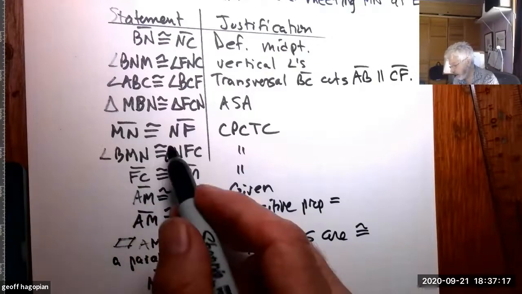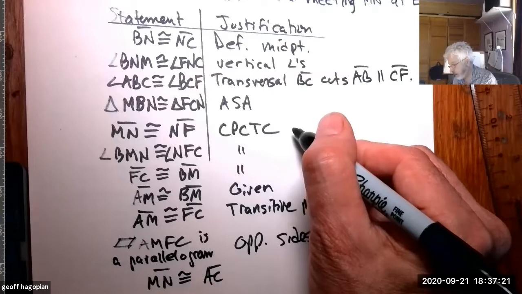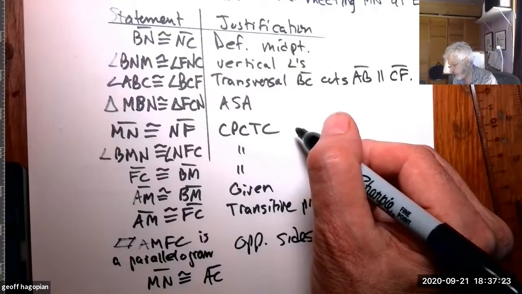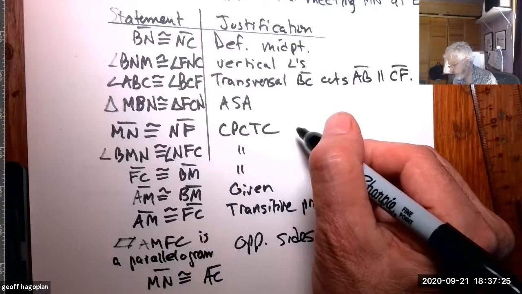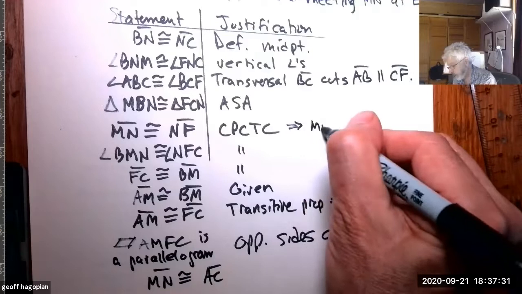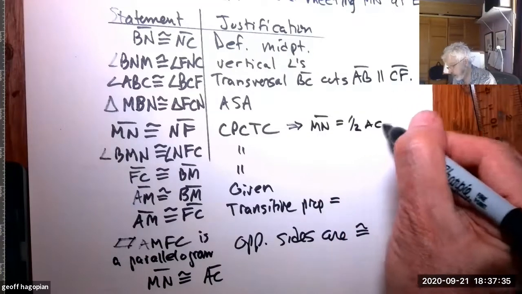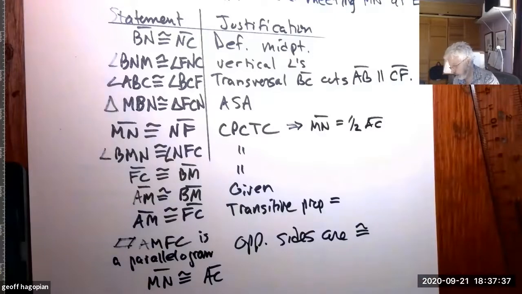MN is equal to NF up here, right? So that means that MN is half of AC, which is what we wanted to prove, right? And that's all of it then.